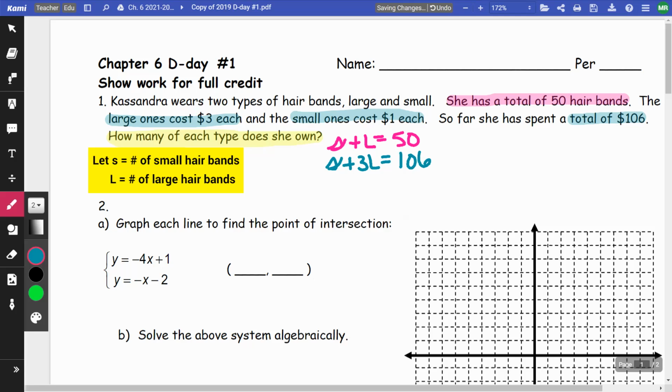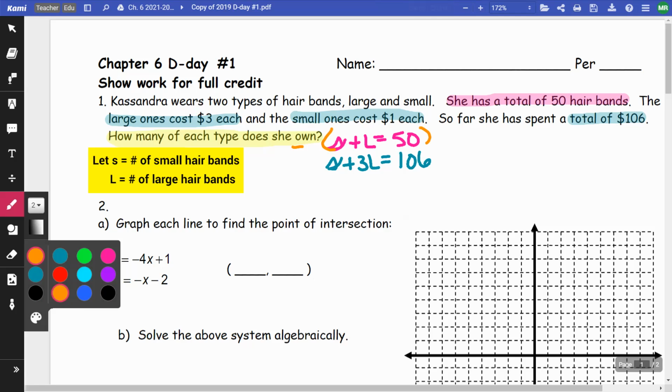I am going to multiply the top equation by a -1 so that it will become a negative S minus L equals a -50. I'm going to rewrite the second equation, which is S plus 3L. Let me do a better 3 there.